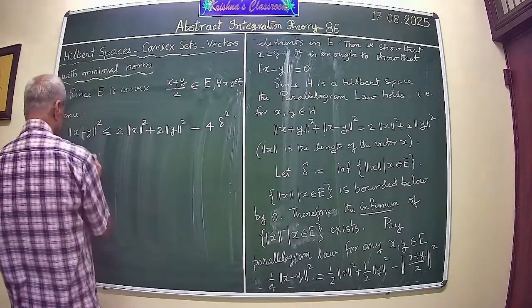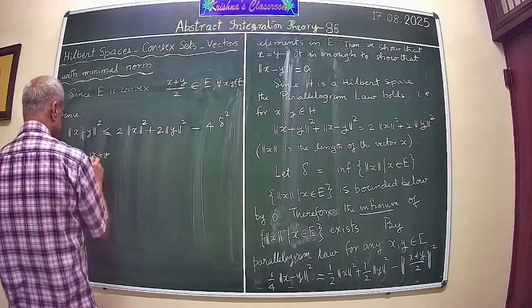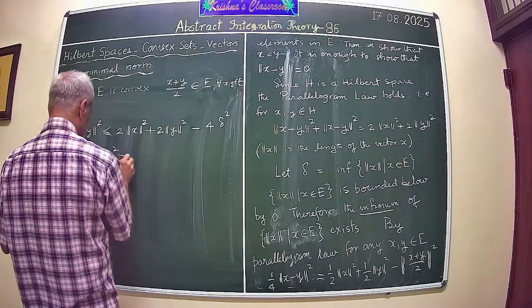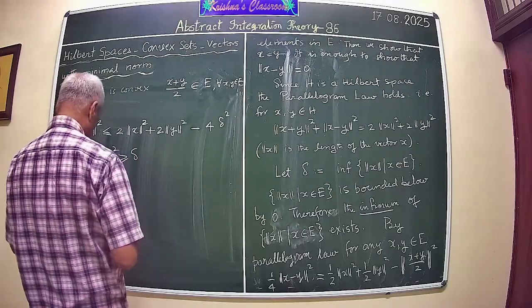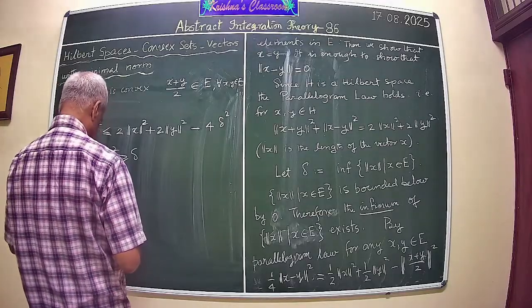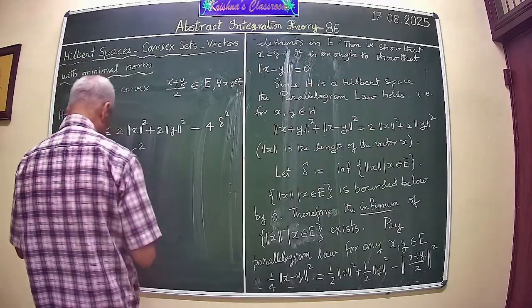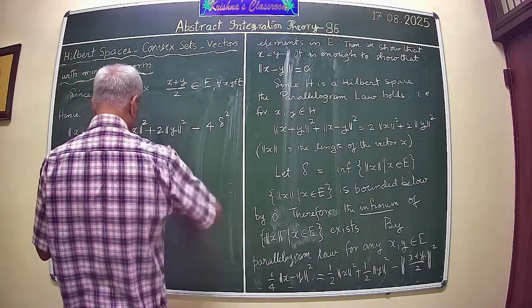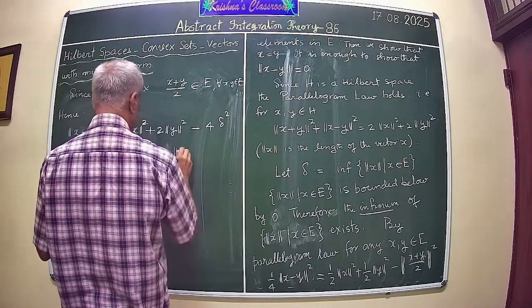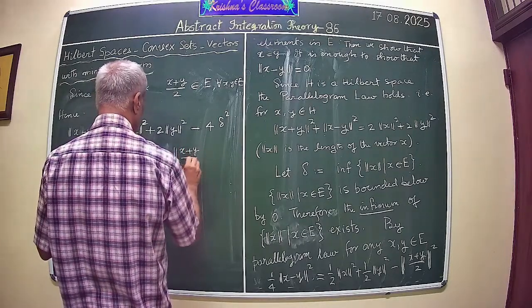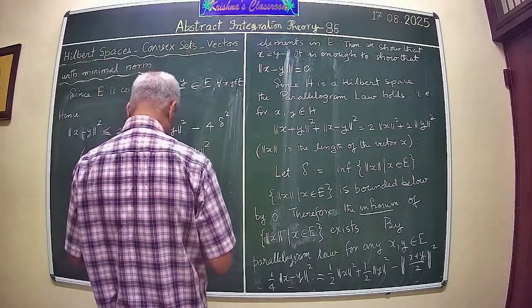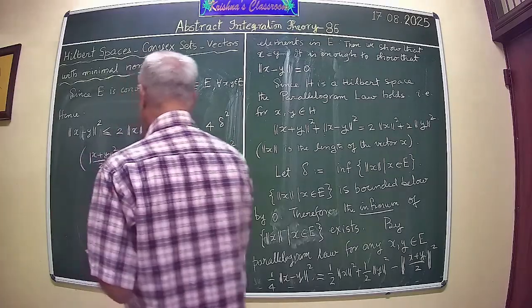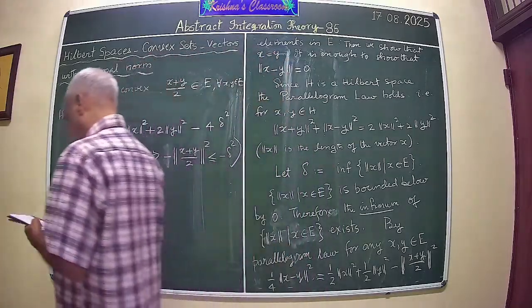Because you have norm of x plus y by 2 whole square greater than or equal to delta square, which implies minus, and we use that in this inequality. Use this inequality. Therefore, you get this.